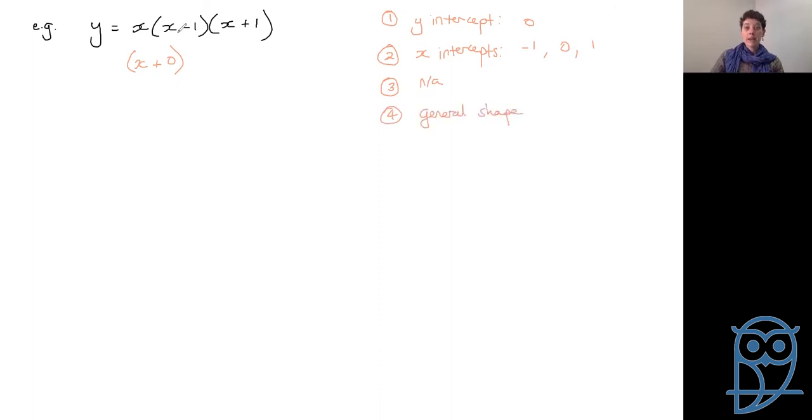So the biggest exponent we could have is the x times the x times the x, an x cubed. And it is happy, those are all positive. So our general shape is that. And it looks rather interesting because 1, 2, 3, 1, 2, 3. So it looks like we are going to cross that x-axis 3 times and we're going to have that classic shape.